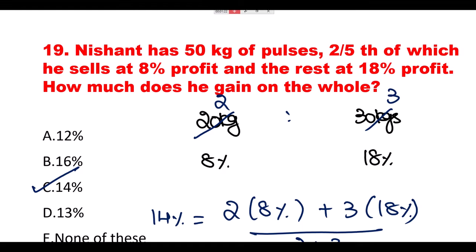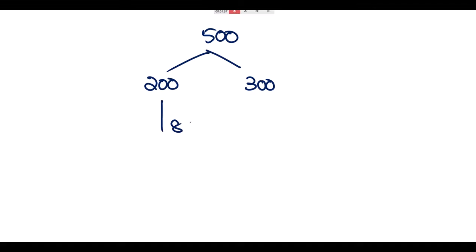Or else, we can consider the 50 cases' amount as 500 rupees. 2 by 5 of 500 means 200 rupees, the other one 300 rupees. This is with 8% profit. 1% is 2, so 8% means 16 rupees extra profit.